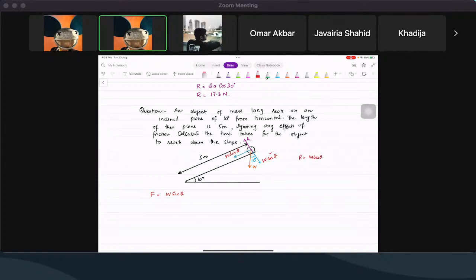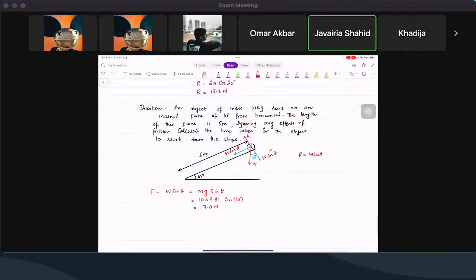The only force that is left is W sin theta. So I'm going to write W as mass times acceleration due to gravity, sin theta. Mass is 10 kg, this is 9.81, and sin of 10 degrees. This should give you a net force of 17.0 newtons. Is it clear, everybody? Yes, sir.